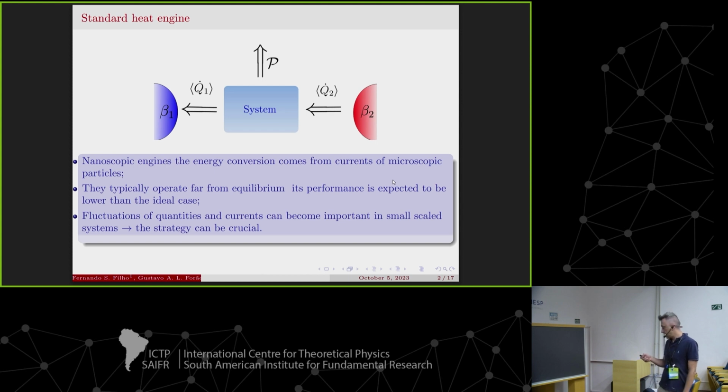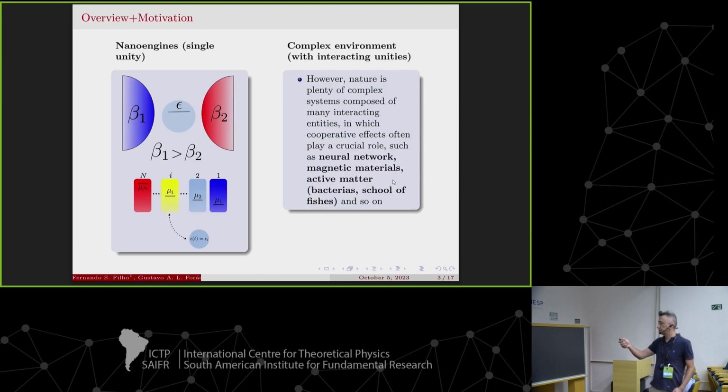Now, before telling my take-home message, I will describe the typical setup in which you try to answer this question in thermodynamics. We have a nanoscale system, in this case a quantum dot, a two-level system, for example.